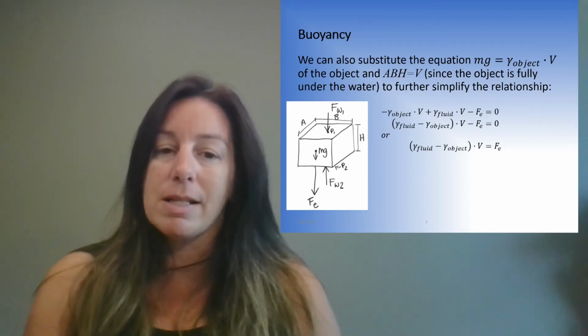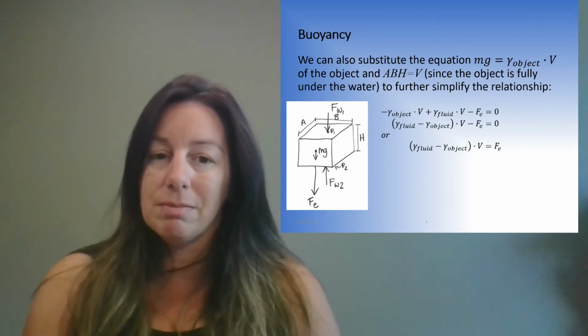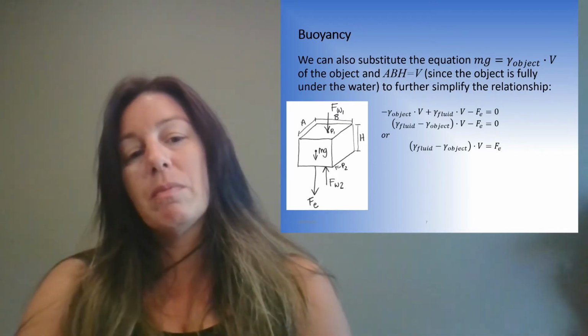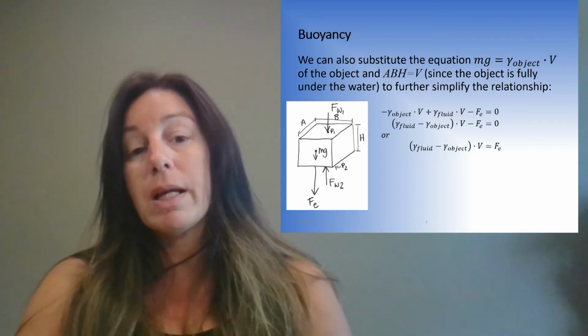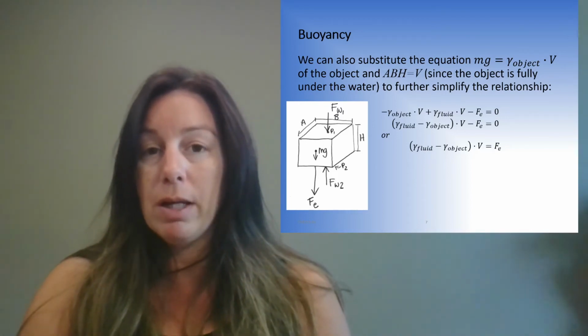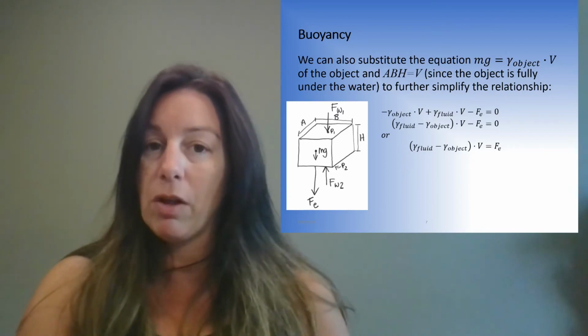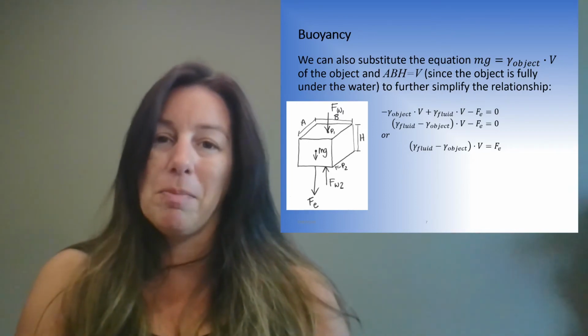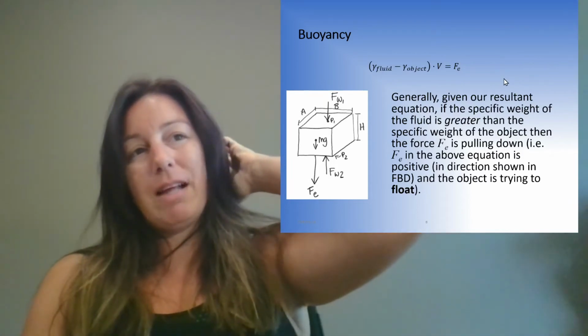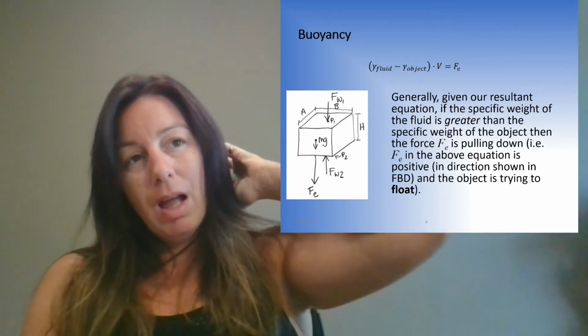Or another way to say it, so you don't have negatives in front of your forces, that force that's pulling down is equal to the difference between the unit weight of the fluid and the object times the volume. Archimedes' principle right there, okay? So here we go. We've got this lovely equation.